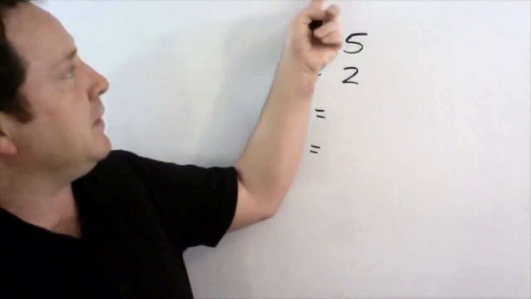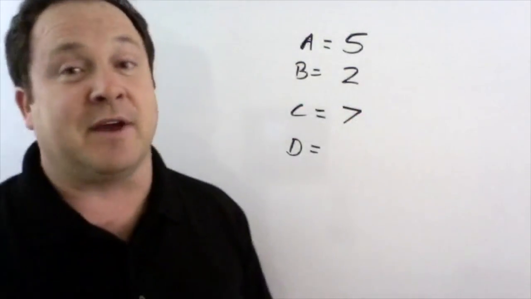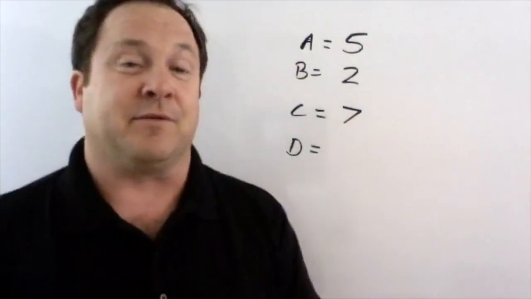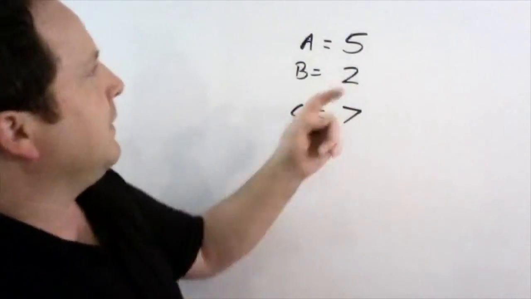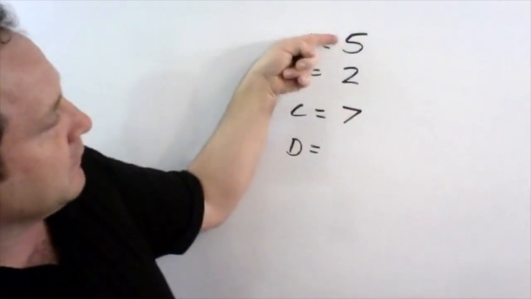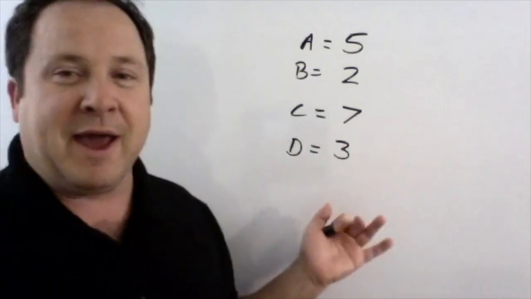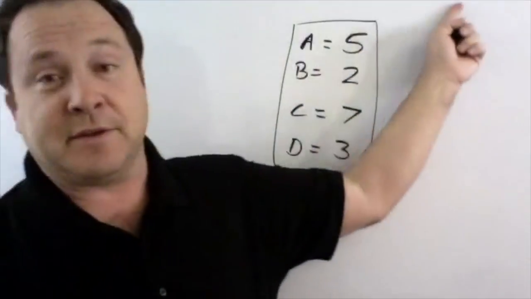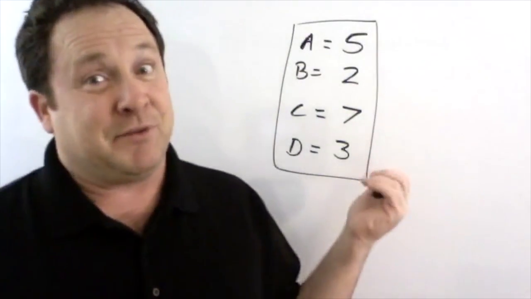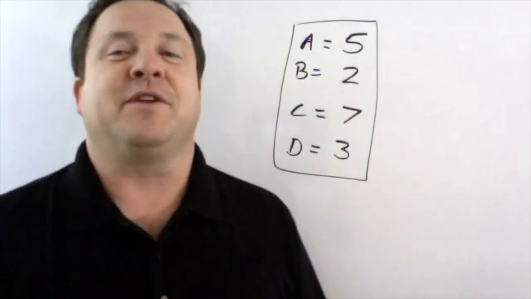Then a plus b equals c, so c has to be 7. You can't just choose a random 7. You have to make something that these two add up to. Then a minus b equals d, so 5 minus 2 equals 3. Now we have a roster of numbers that fit the scenario. a plus b does equal c, and a minus b does equal d.